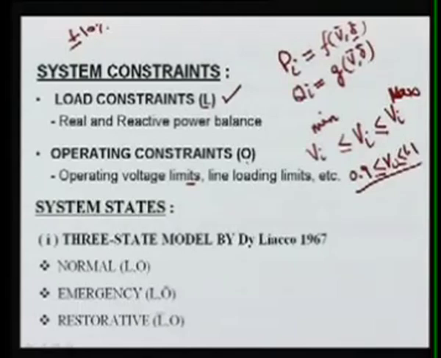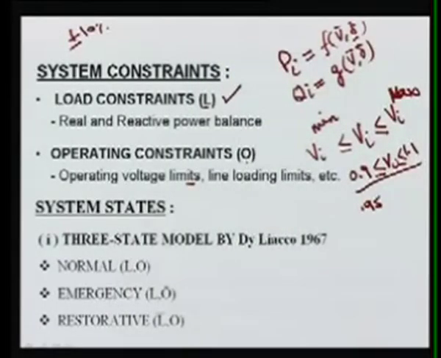For some buses, especially EHV transmission lines, the voltage at the high voltage buses may be tighter, here 0.95 to 1.05 per unit. For voltages of 220 kV and above, we have to go for this voltage limit. However, for the lower voltage, we can go for 0.9 per unit to 1.1 per unit.